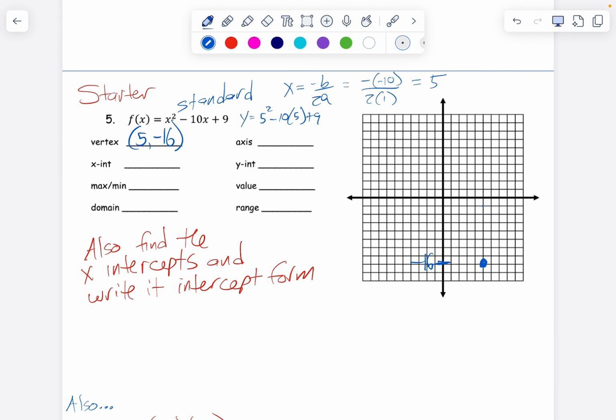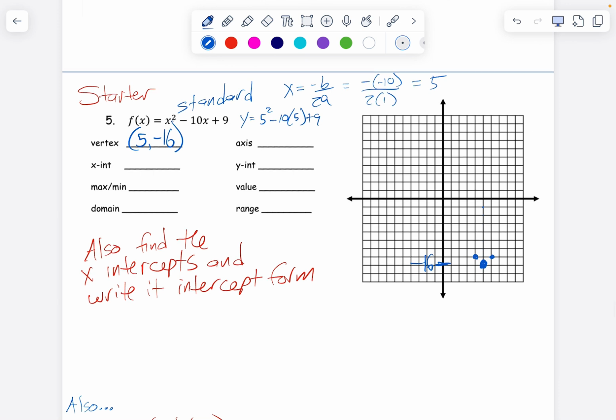No. So it's just the normal graph pattern. So over 1 squared is 1, so it goes up 1. And then over 2 squared is 4, so over 2 up 4. And I think that's sufficient right there. Now, actually, I'm going to revise that because we can find the x-intercepts, and that will be sufficient at that point.